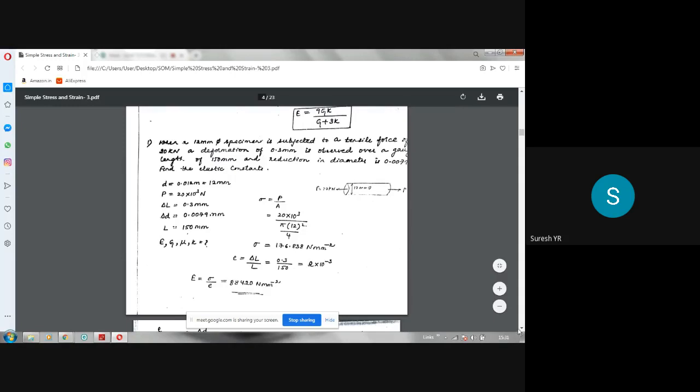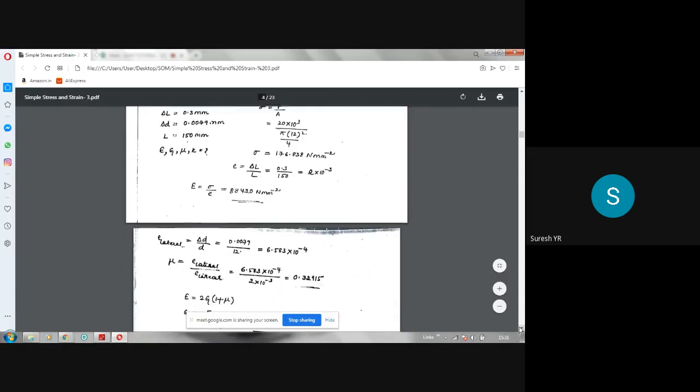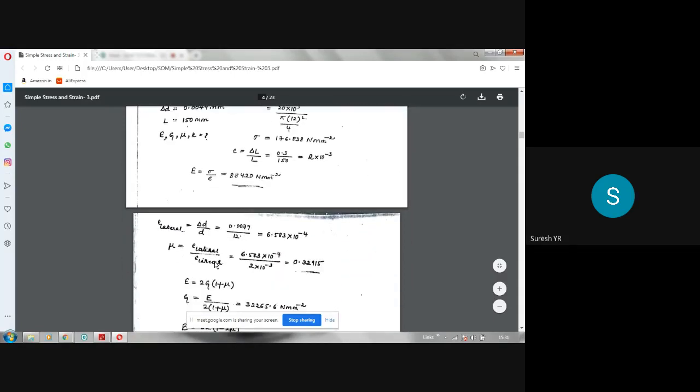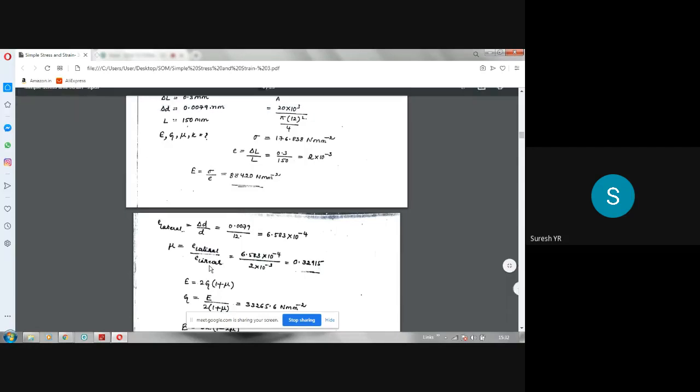Next, we can calculate the mu value. How do you define mu? Poisson's ratio. It is the ratio of lateral strain to linear strain. So epsilon lateral divided by epsilon linear, or E lateral to E linear. Some books use E, some books use epsilon.